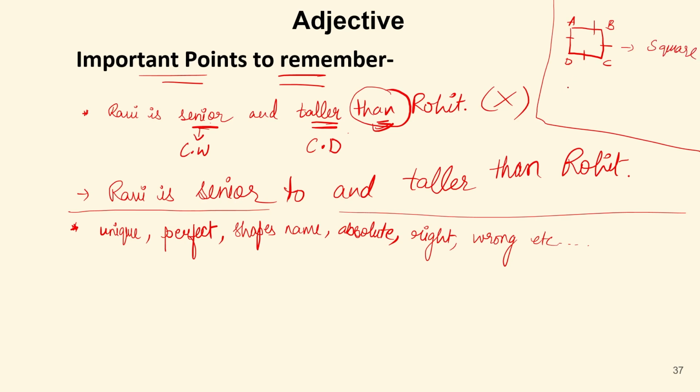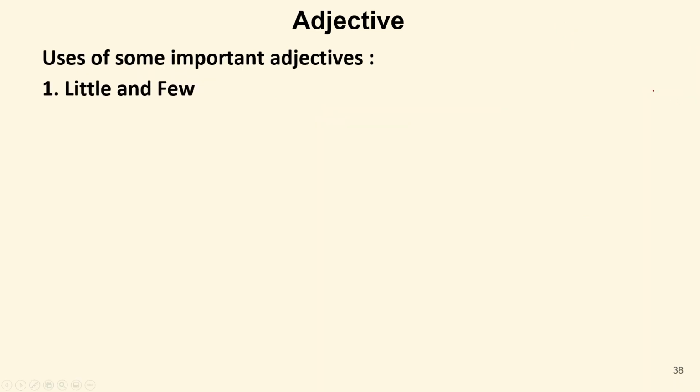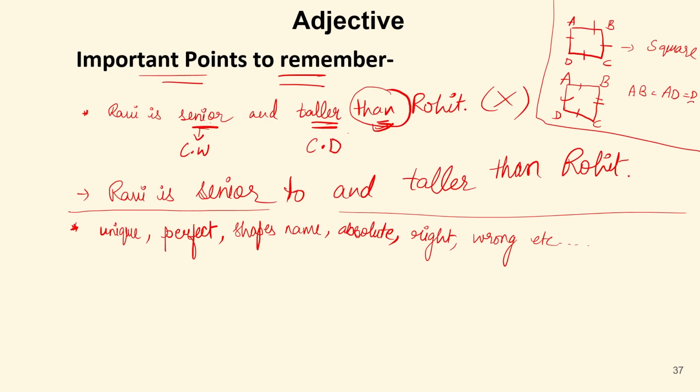Now, if I say that there is a quadrilateral ABCD in which we find these three sides equal, but this is unequal to these sides. I say that AB is equal to AD is equal to DC, but BC is unequal to all of these.